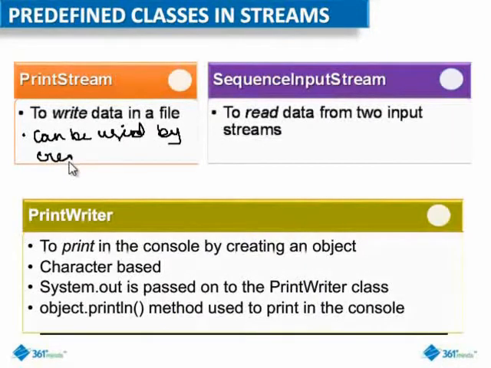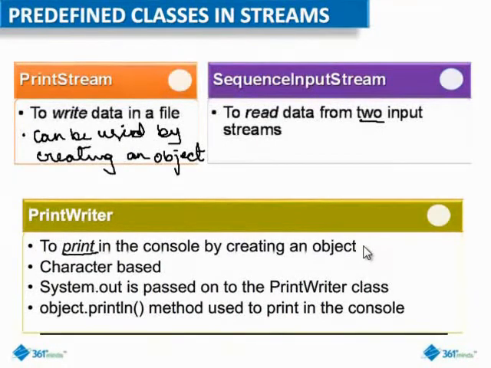The sequence input stream is used to read inputs or data from two streams. So I said specifically it's two and it's not multi, because the sequence input stream can read only from two streams.